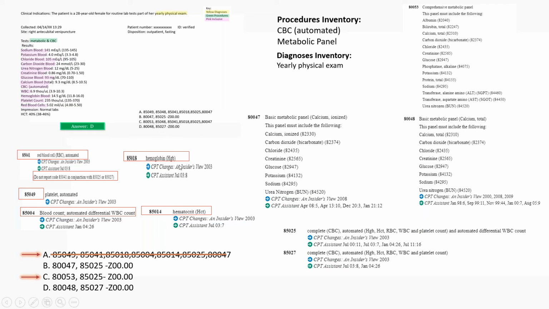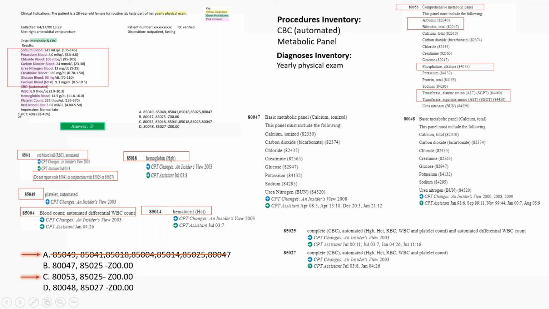Now let's look into the next one, 80053, which is coding for a comprehensive metabolic panel. If you have a closer look, this comprehensive metabolic panel has certain tests which were also not performed. You can look over here: the albumin, the bilirubin total, phosphatase alkaline, SGPT, SGOT.